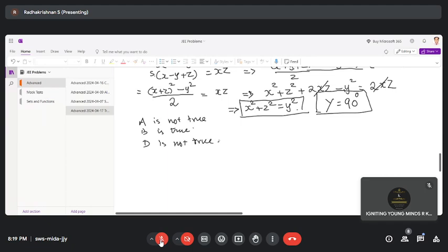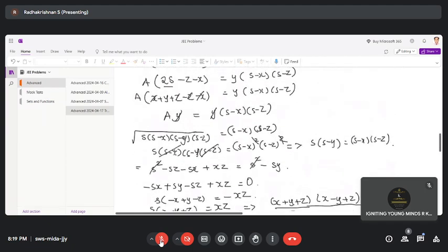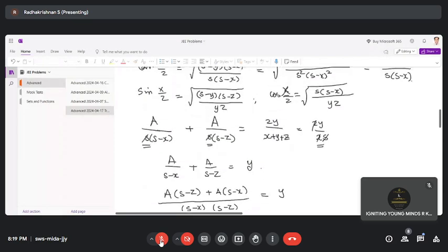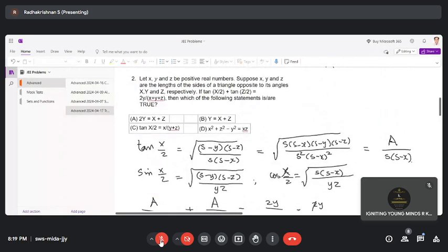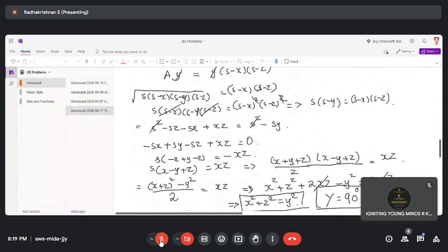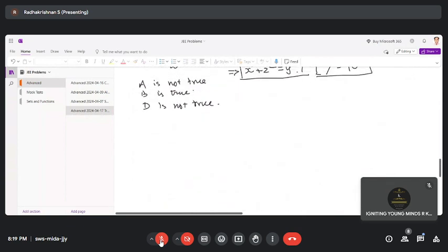Now only C remains. And what is that C? Tan X by 2 equal to X by (Y plus Z). Let's verify. And what is our tan X by 2? We already saw that tan X by 2 is the area by S into (S minus X).